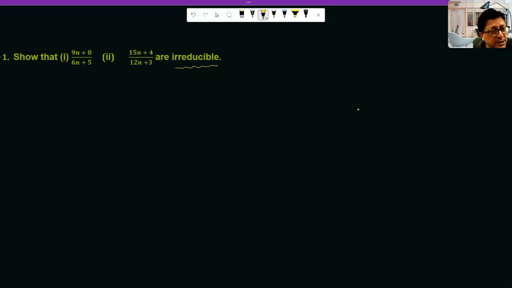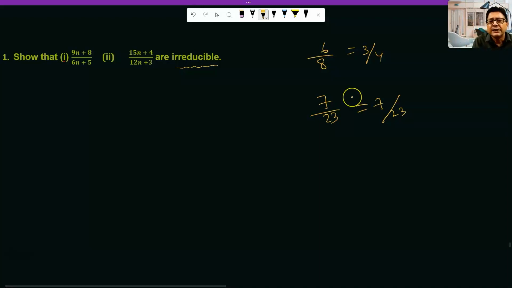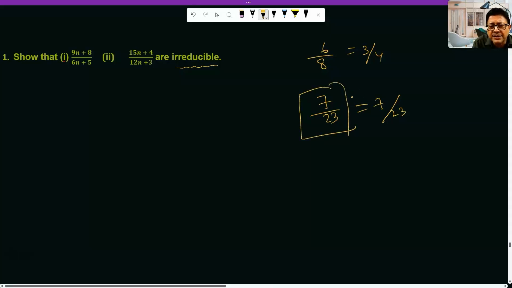Irreducible means, if the fraction 6 by 8 is there, we can write 3 by 4, cancelling 2 from numerator and denominator. If the fraction 7 by 23 is there, I have to leave it as it is. You agree or not? We cannot cancel any factor. So we say that this fraction is irreducible.